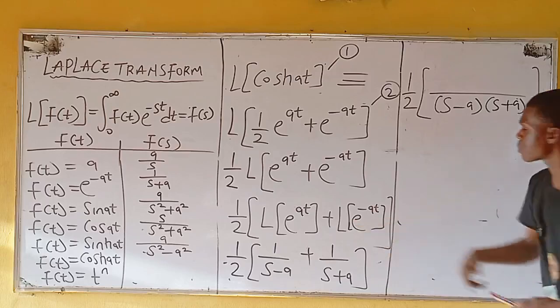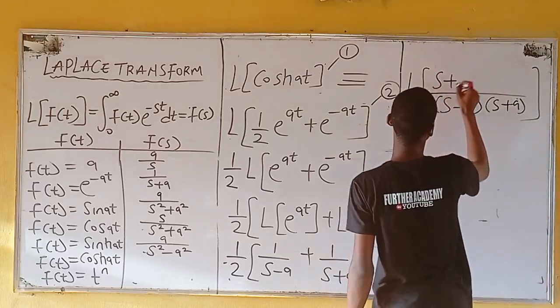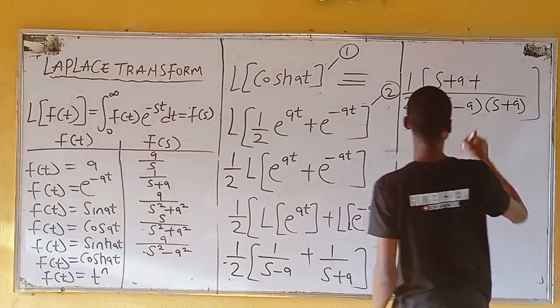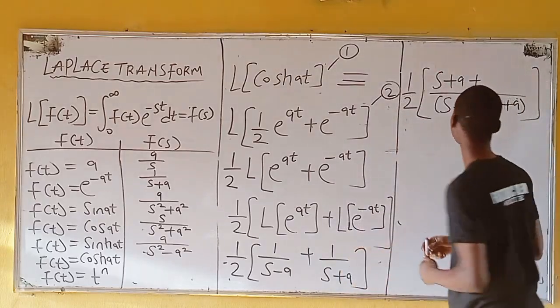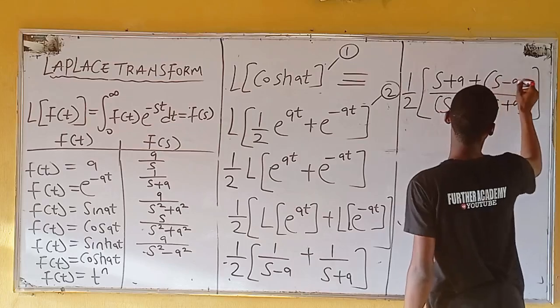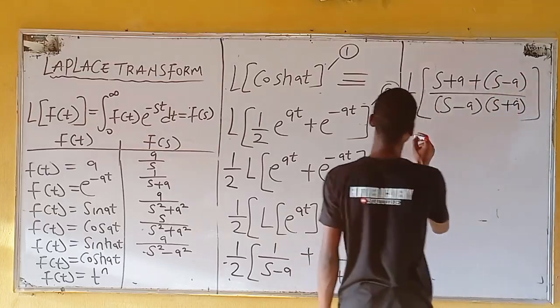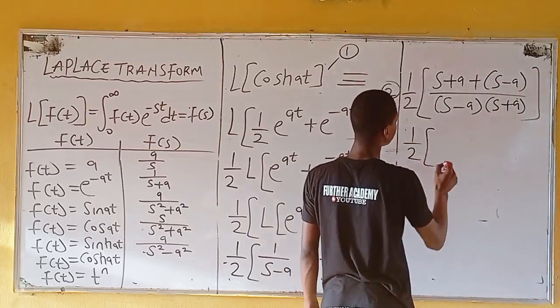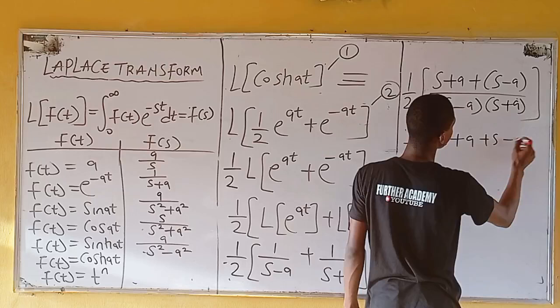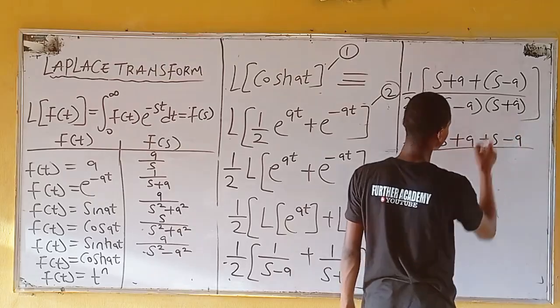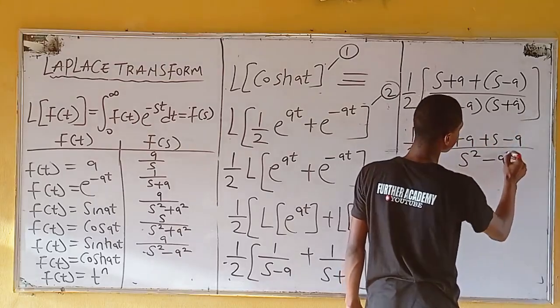This divided by this, you'll be left with s plus a, multiplying 1, s plus a, right? Plus this divided by this, you'll be left with s minus a, multiplying 1, s minus a. Open your bracket. I have 1 over 2 into bracket s plus a plus s minus a, over the difference of two squares, s squared minus a squared.